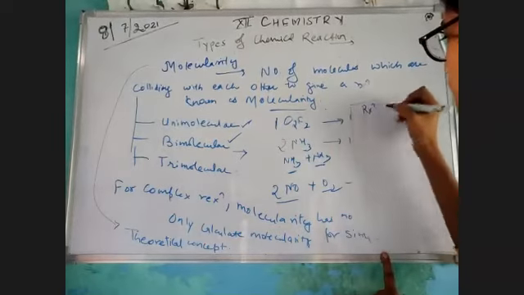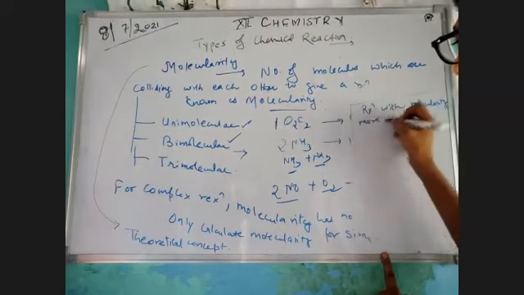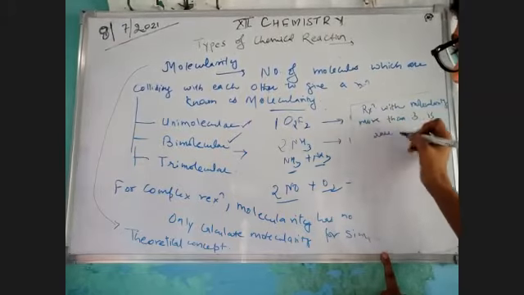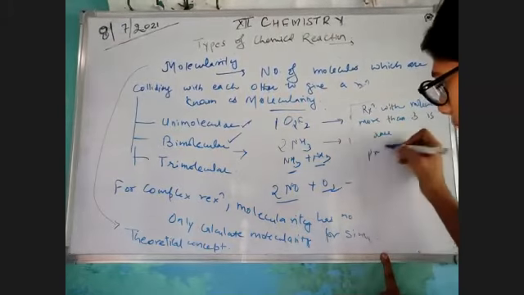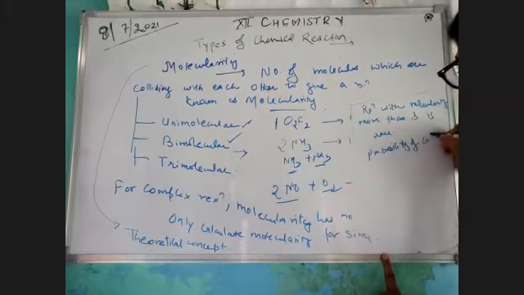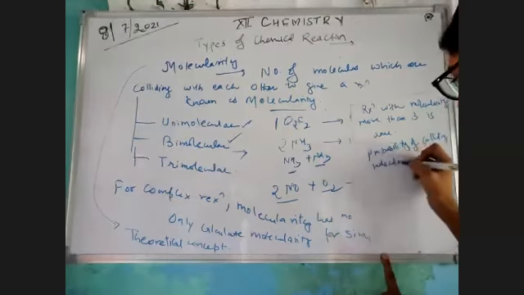Reaction with molecularity more than 3 is rare. And why can this happen? Because the probability of colliding molecules more than 3 is less.